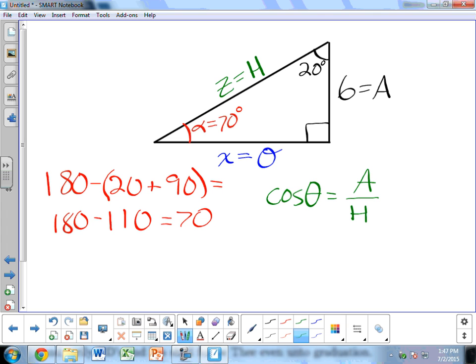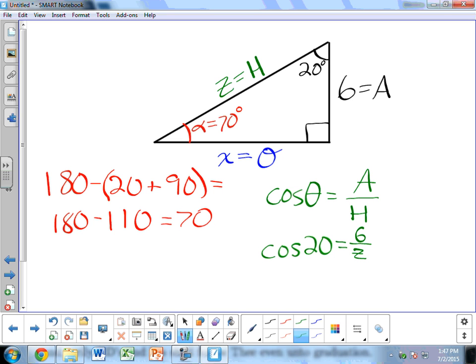And remember what our reference angle is. Our reference angle is not the 70, it's the 20. We started out with the 20, we labeled our sides as opposite, adjacent, and hypotenuse from the 20, so we have to say the cosine of 20 this time. My adjacent side is 6, and my hypotenuse is what we're looking for, which is our z.